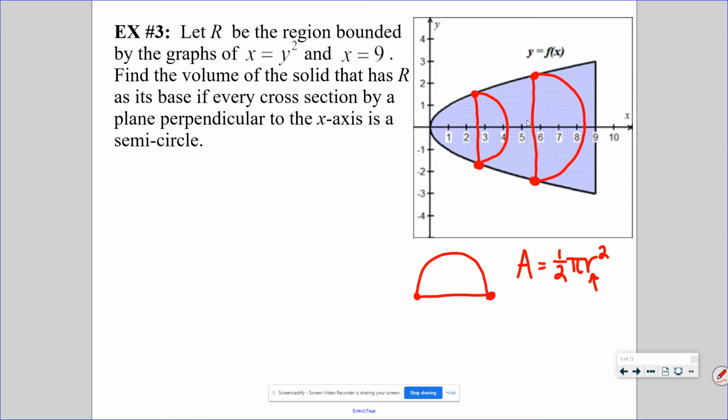That's the next question, is what do I plug in? So the radius of the circle goes from the middle to one of the endpoints. And so if we look specifically right here, the radius would be the distance from the x-axis to the y value on the curve, okay? So this would be like the y coordinate of your function.